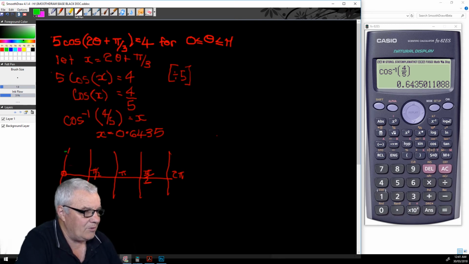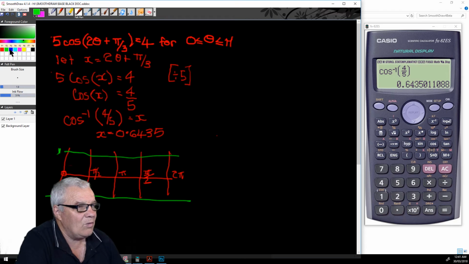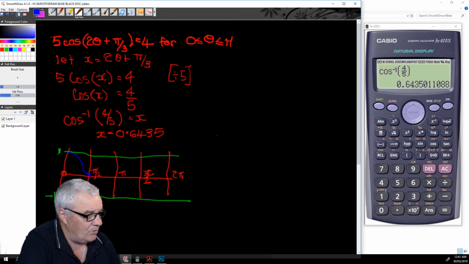We know that the graph ranges between 1 and -1, and the cosine graph comes like this, a bit wonky. So that's our cosine graph.